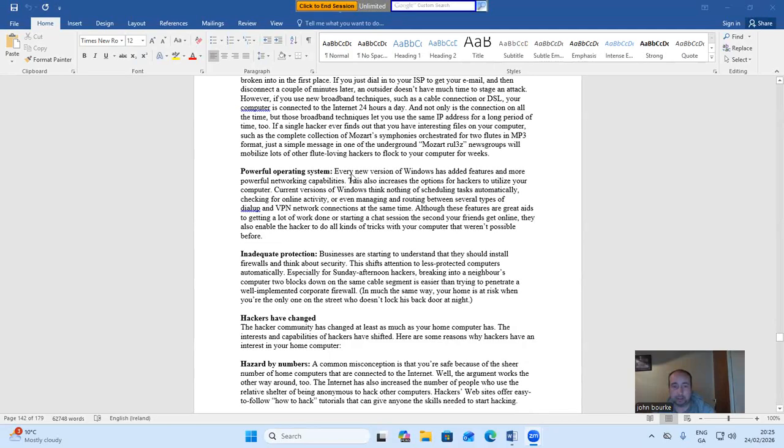Powerful operating system. Every new version of Windows has added features and more powerful networking capabilities. This also increases the options for hackers to utilize your computer. Current versions of Windows think nothing of scheduling tasks automatically, checking for online activity, or even managing and routing between several types of dial-up and VPN connections at the same time.